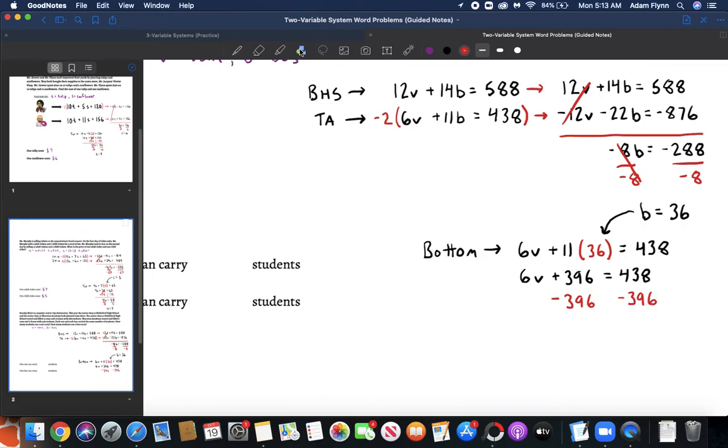So when we do that, the 396s are going to cancel on the left side. And on the left side, we're going to be left with 6v equals 438 minus 396, which is 42.